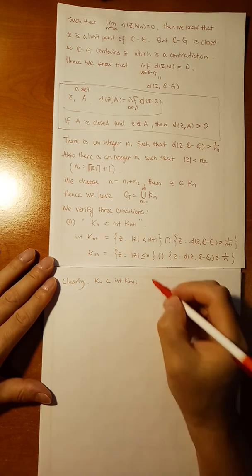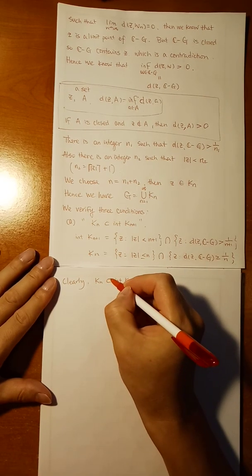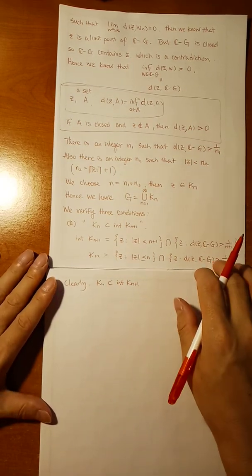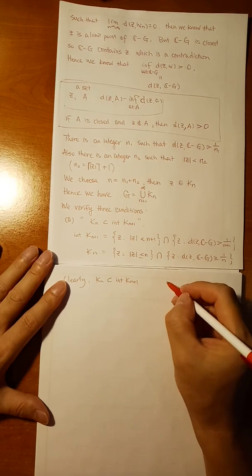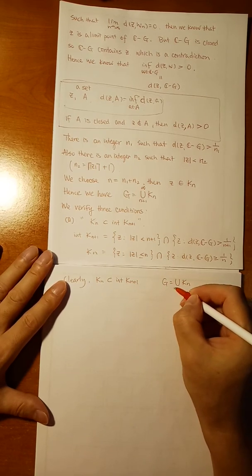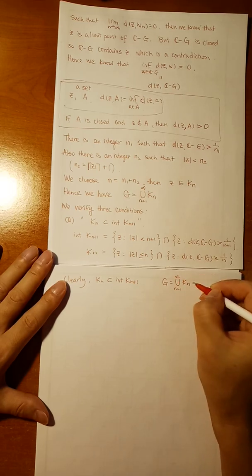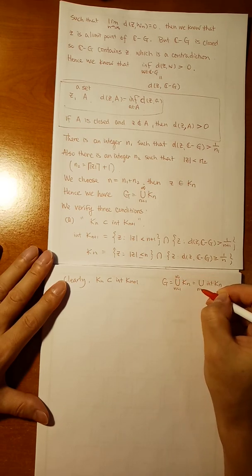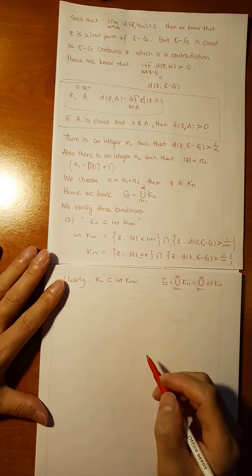Okay. And this is a first verification. From this verification, we also have one property. G is the union of Kn. G is also the union of the interior parts of Kn. Right?